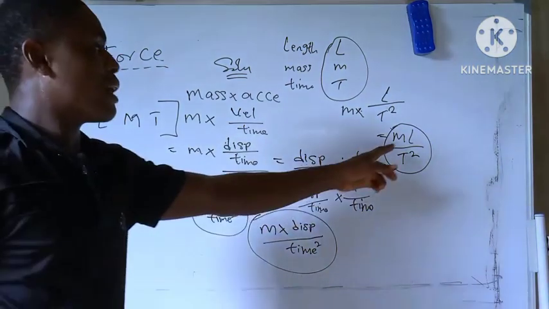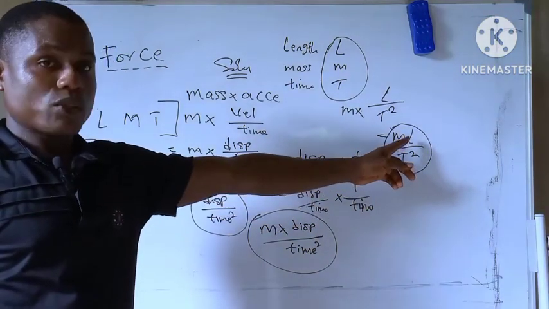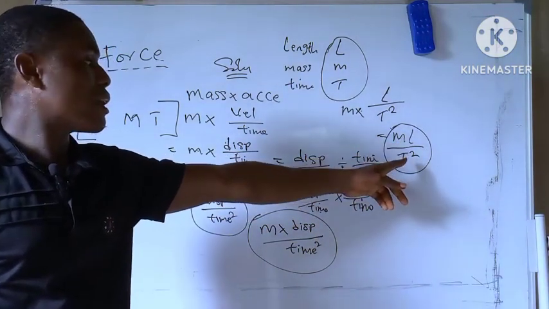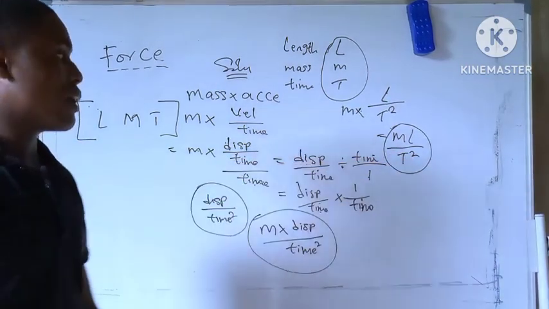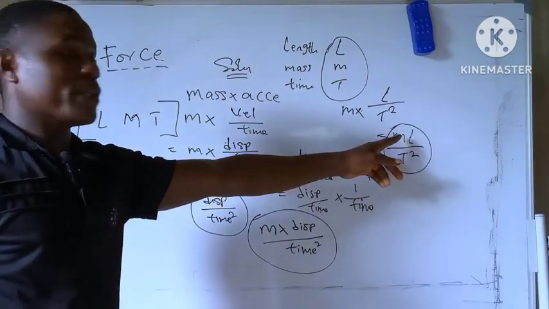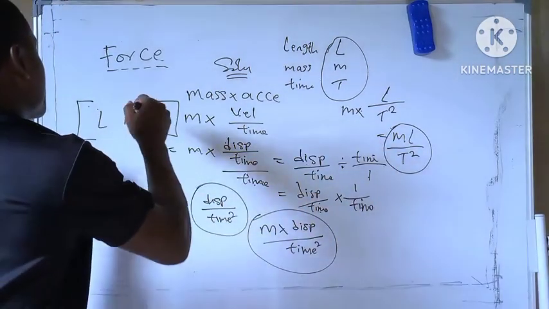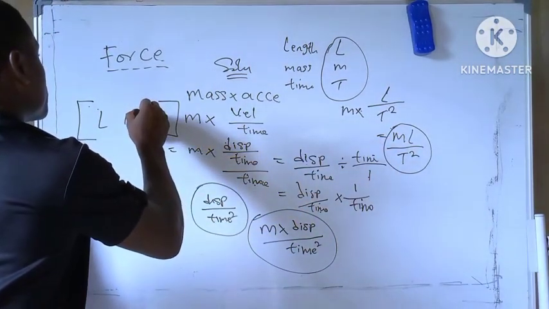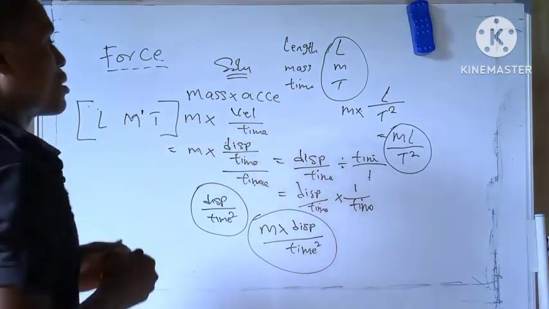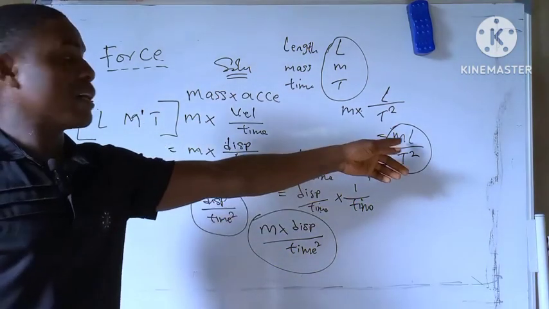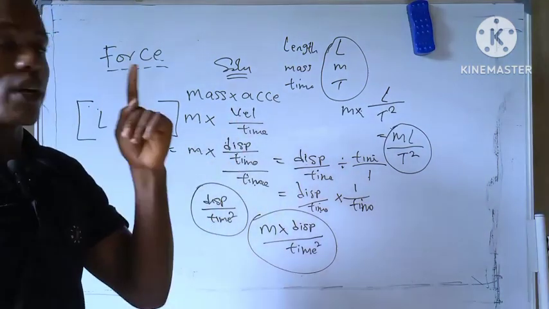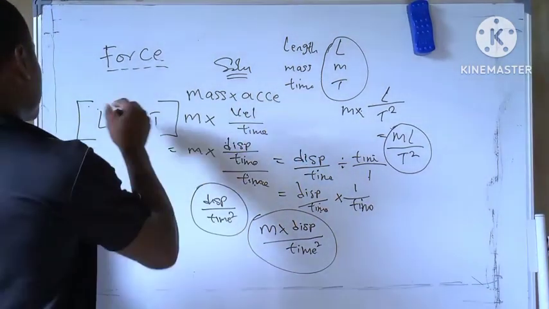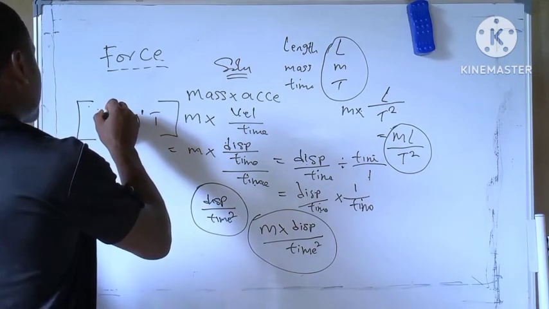M and L are the numerators here, while time or T square is the denominator, right? Since M is present here, we will represent it with 1. Because M and L are the two numerators here, we represent M with 1. Also, L is present, we represent it with 1.